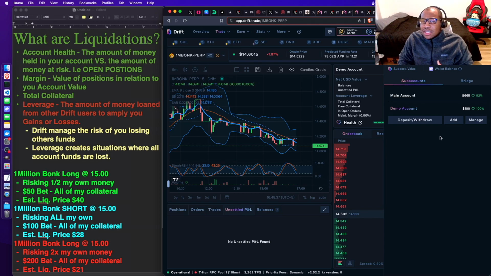So I hope that this explanation does a good job of encapsulating exactly what can contribute to a liquidation on one's account, and some of the ways that we can think about reducing our risk of liquidation. Make sure that if you're going to put on a $500 trade on Drift, have $2,000 deposited into your Drift account.